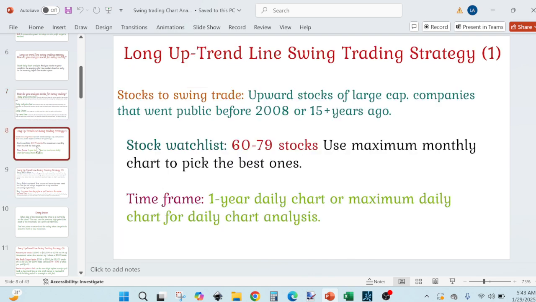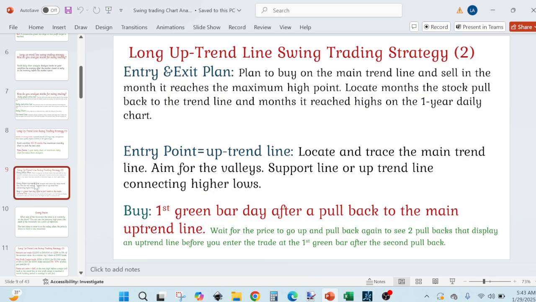You trace your trend lines. So it's good to have your stock watch list, and with the maximum daily chart, you trace your trend lines. You can use the maximum monthly chart to start tracing the trend line or the support line, and go to the maximum daily chart and trace your trend lines as well, and pick the one that you like to buy at.